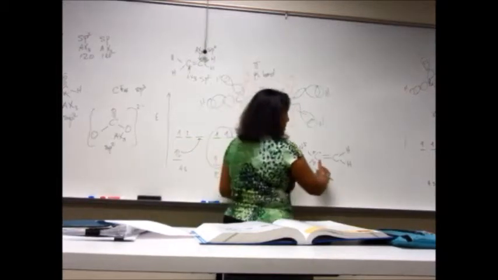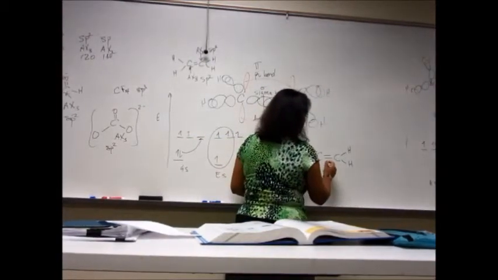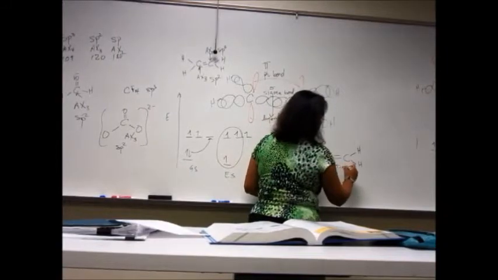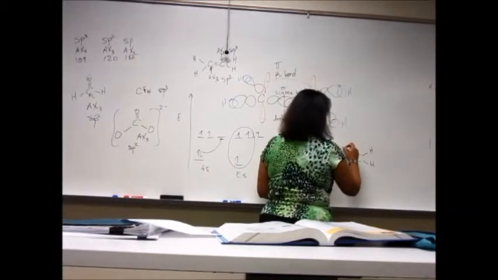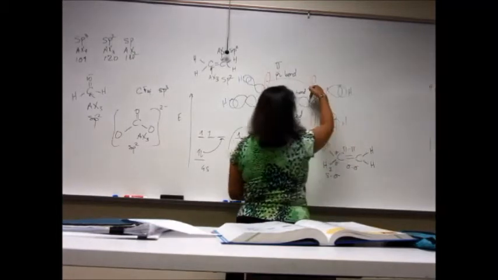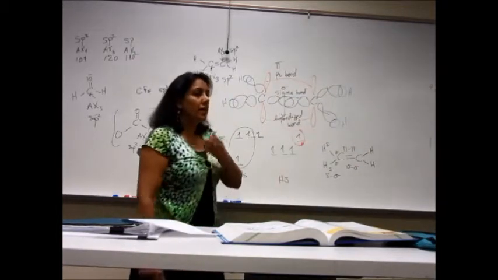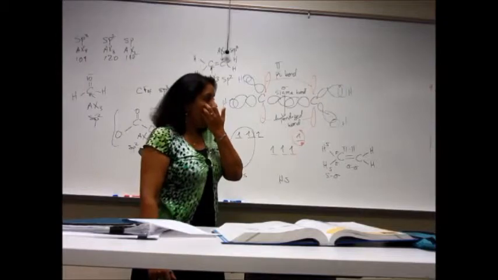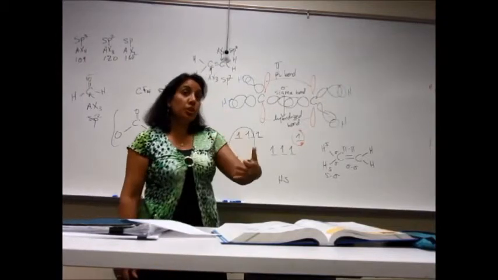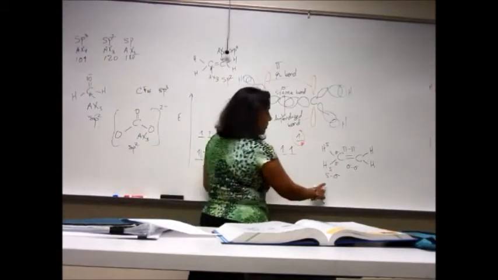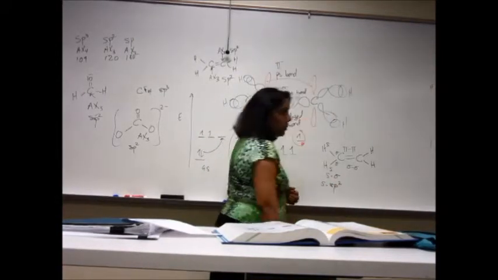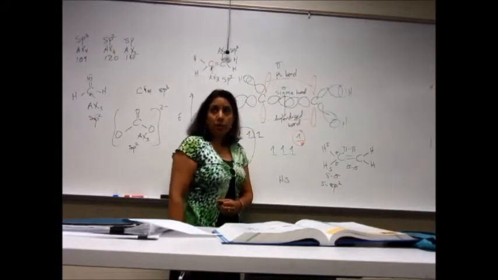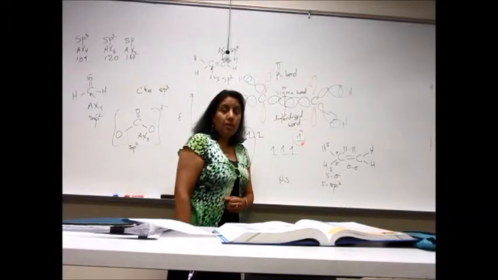The overlap between carbon and carbon, one of them is a sigma-sigma overlap, and the other one is a pi-pi overlap. Or you can also say it's SP2. So for example here, you can say it's S and SP2 overlap, depending on what the question is like.